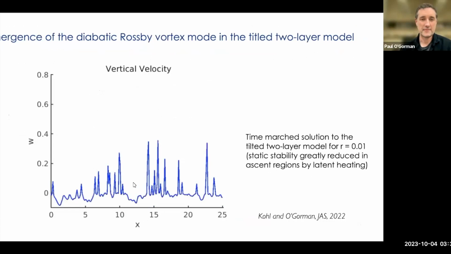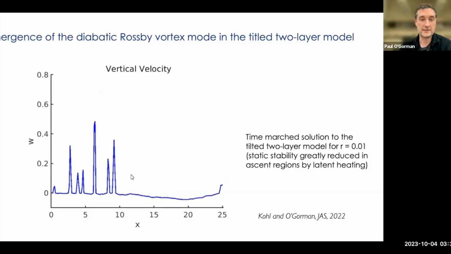So here is the vertical. Here's an example when we time march forward the tilted 2-layer model for OR equals 0.01. So that's very strong latent heating. We don't have advection or wave-wave interaction, so advection of the wave by itself or the vortex by itself in this. And you just see as it goes forward, we start from some noisy condition.